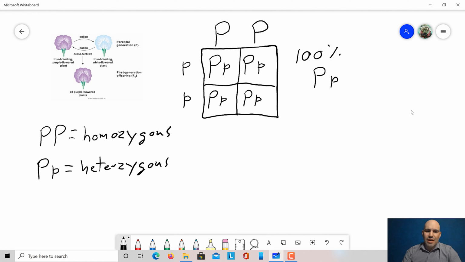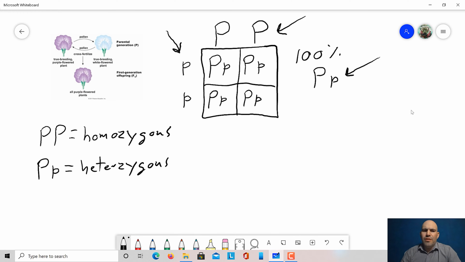And if you have two of the dominant alleles, we'll call you homozygous dominant. And if you have two of the recessive alleles, we will call you homozygous recessive. And so in our case with the pea plants, we had a homozygous dominant purple pea plant reproducing with a homozygous recessive white pea plant, and that gave us 100% heterozygous offspring.